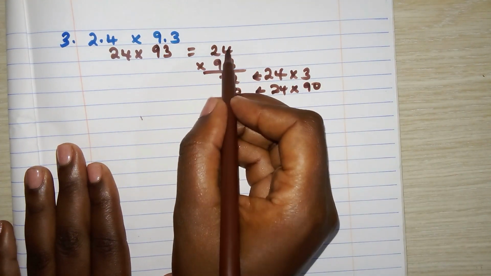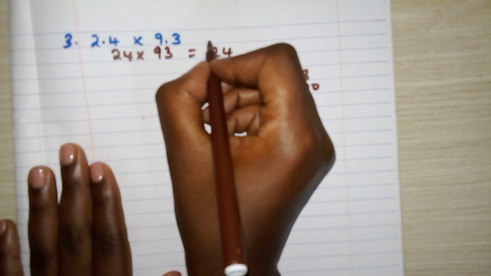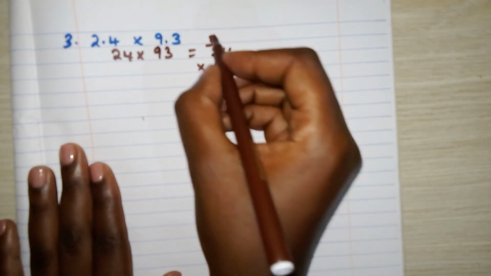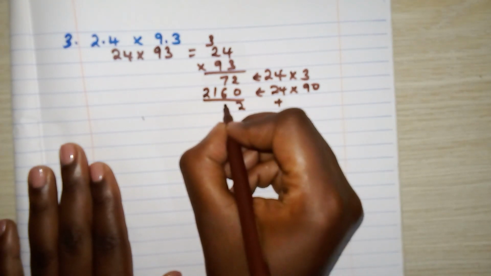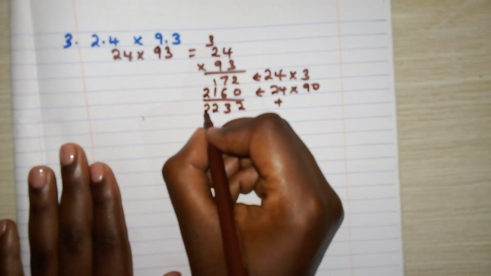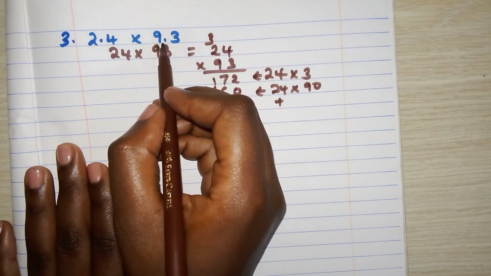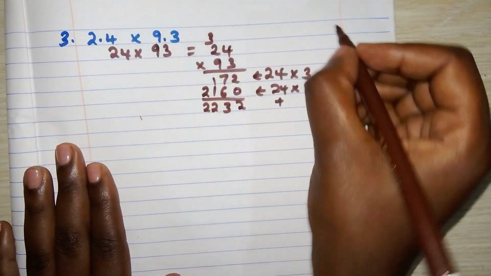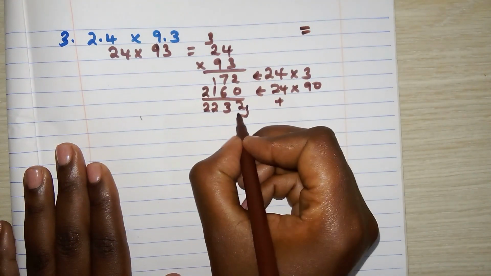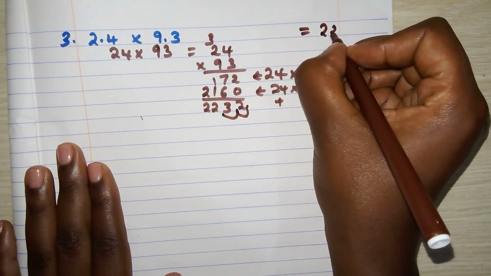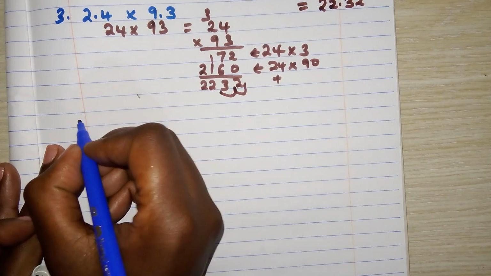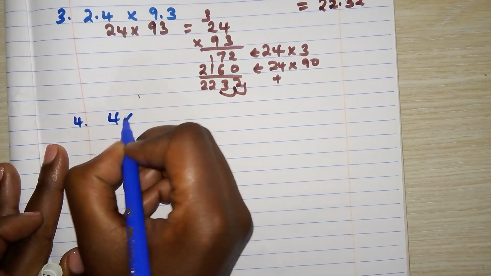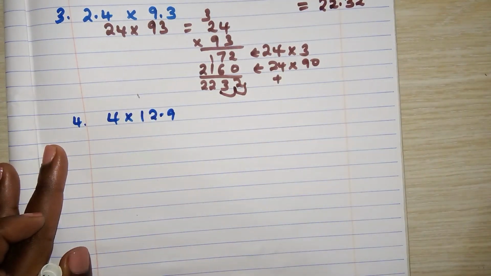Put the 0 there. 9 times 4 is 36. 2 times 9, 18, plus 3, 21. The last step is you add 2, 3, 2 and 2. Then how many decimal points does this question have? It has 2 dp. So we move 1 and 2. 22.32.